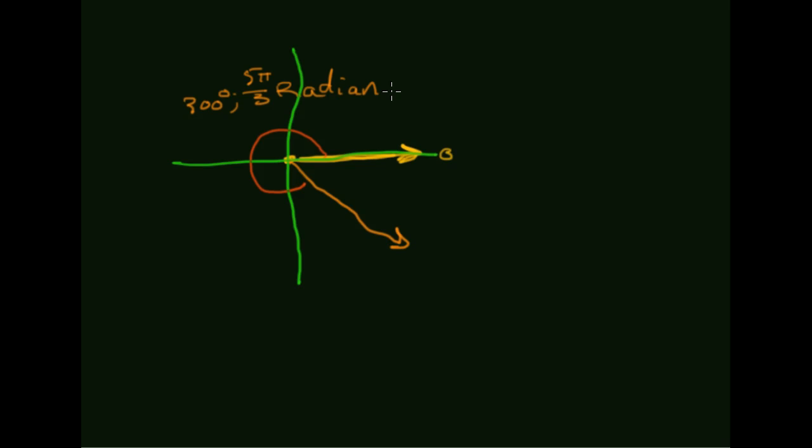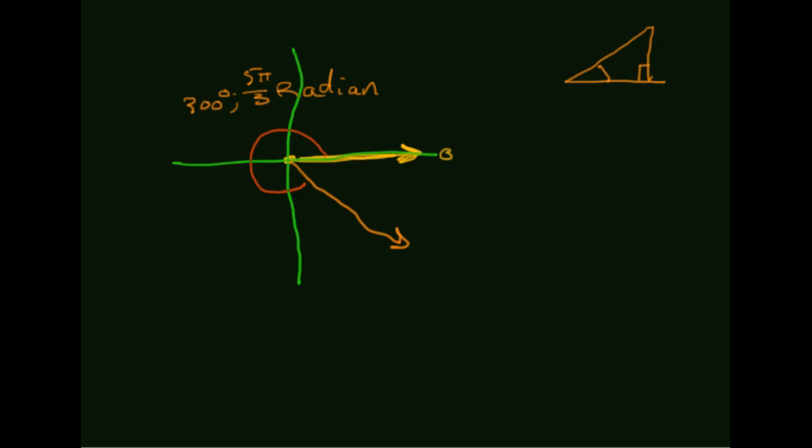Okay, so the question now is, how do we relate trig functions to this? These trig functions were, if you think about this, using a right triangle, right? So when we used a right triangle, that angle measure had to be less than 90.